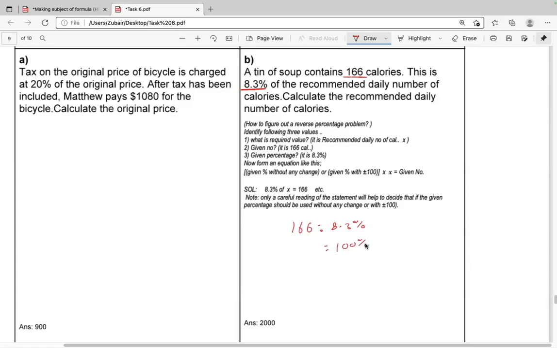Recommended is 100 and this should be X. So simple cross multiplication, 8.3, and then we divide them together. So it goes to 2,000. That was it.